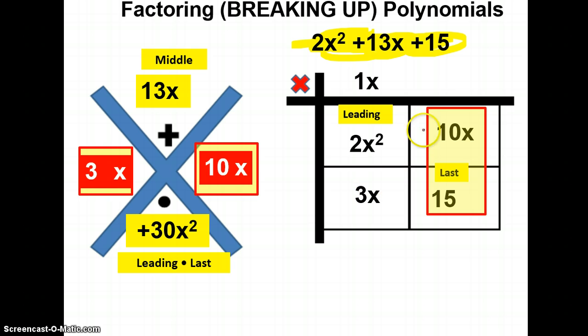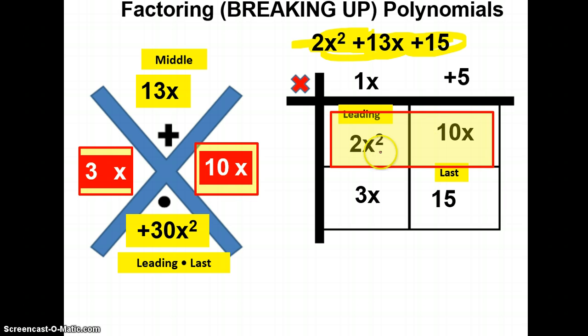How about these two? What are they both a multiple of? 5. Great. I just added that positive here now because you'll notice that all of our numbers are positive. I'm going to start with positives only and then work my way to negatives. All right. What do these two have in common? Well, they have an x, but what else do they have in common?